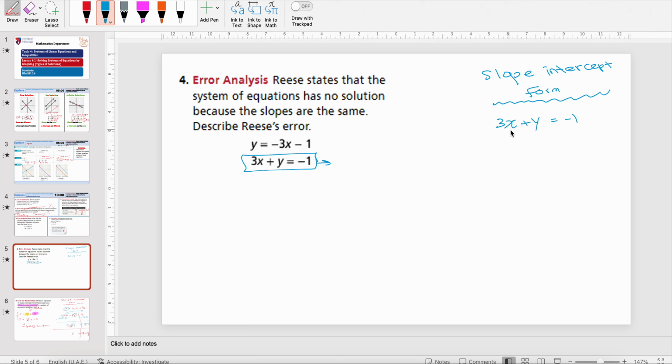I want to write it as slope-intercept form, y equals mx plus b, where the y is clearly isolated alone. How to do that? Move the 3x to the other side. I want to get rid of this term, so one way is to subtract it because it's positive.